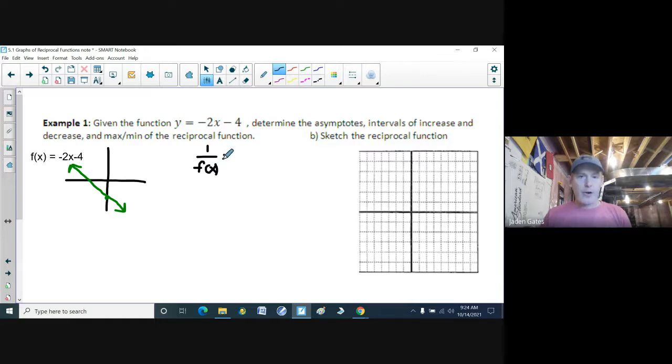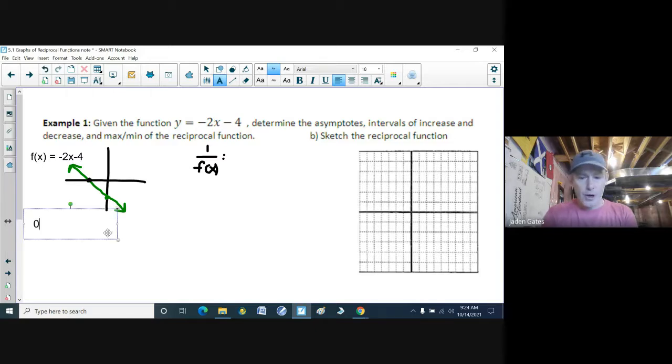All right. Now, the first thing is the x-intercept. I've got to find out where this x-intercept is, and again, that's where it hits that little black dot there, and that is when y is equal to 0. So I'm going to set y equal to 0. So I get 0 equals negative 2x minus 4. I move negative 4 over to the other side, it becomes a positive 4.